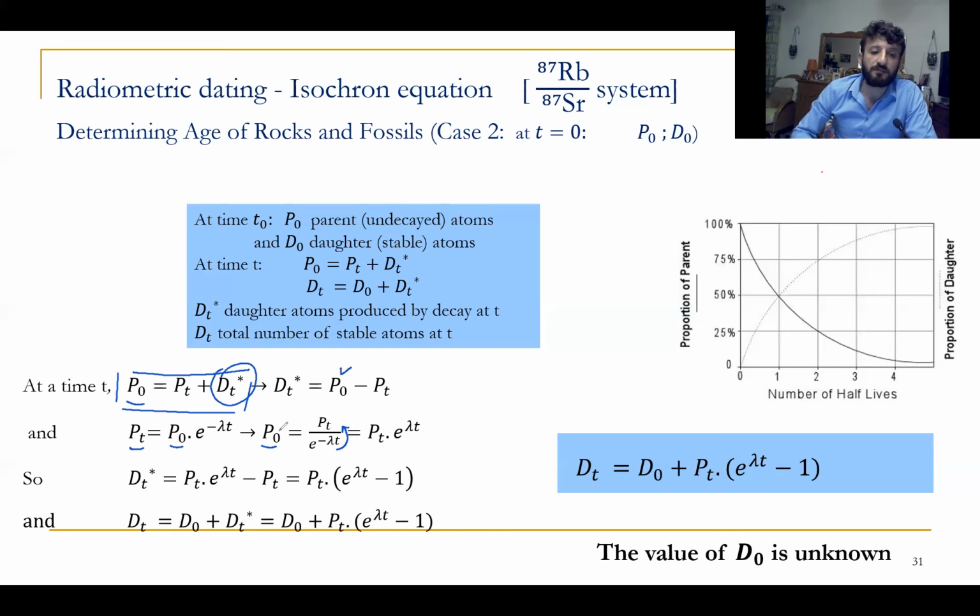We put P0 by its value here to get Dt*, the produced stable atoms, equals Pt exponential lambda t minus Pt. This one minus this one. We take a common factor: Pt exponential lambda t minus 1.